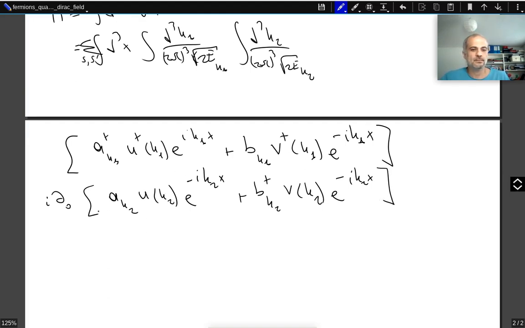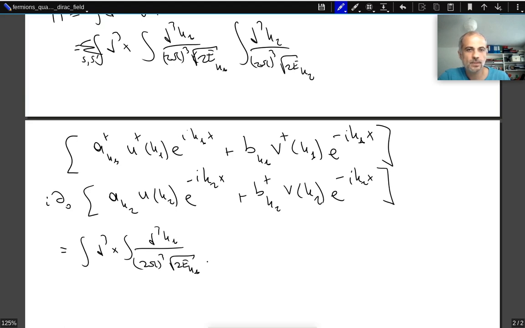Now if I take this derivative, this is equal to, I will also suppress the summation over s and s prime, d cubed x, d cubed k1 divided by square root of 2 pi cubed, square root of 2e k1, d cubed k2 divided by 2 pi cubed, square root of 2e k2.